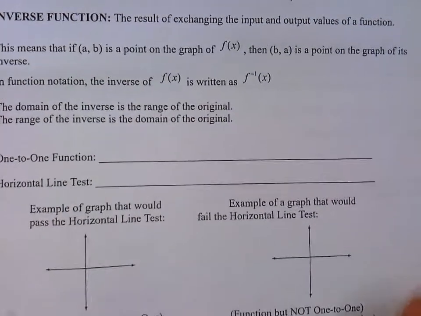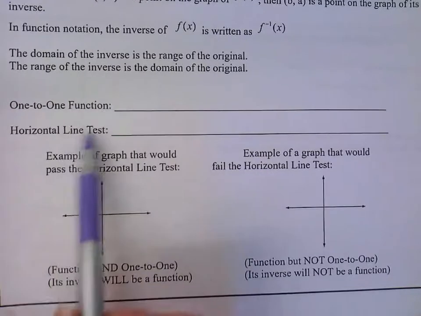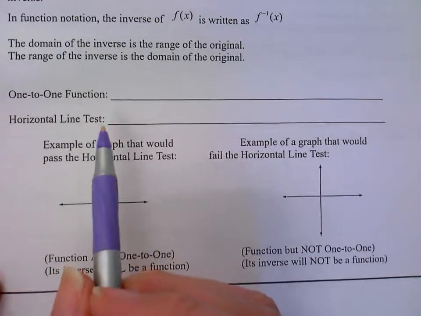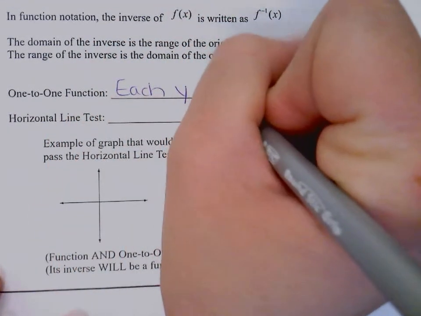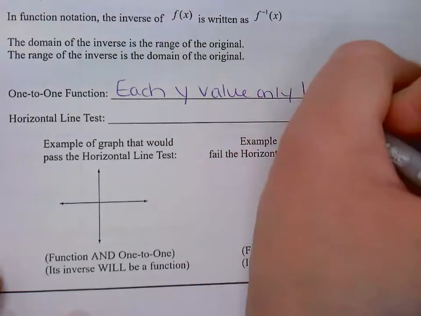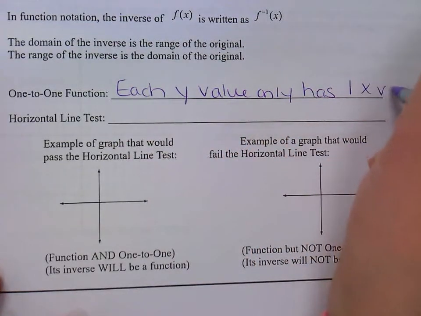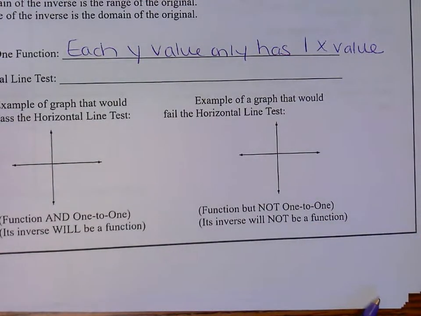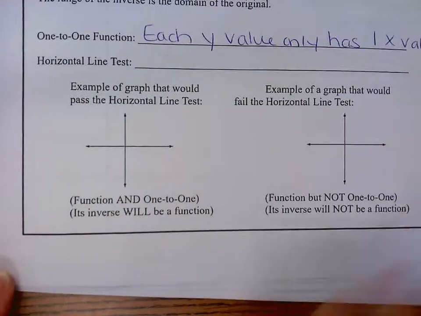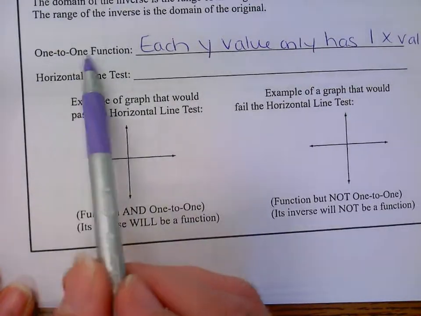All right, so a one-to-one function. This is new. Each y value only has one x value for it to be a one-to-one function. It has to be a function first. So each x can only have one y, but now each y can only have one x. And the horizontal line test is going to test for a one-to-one function.